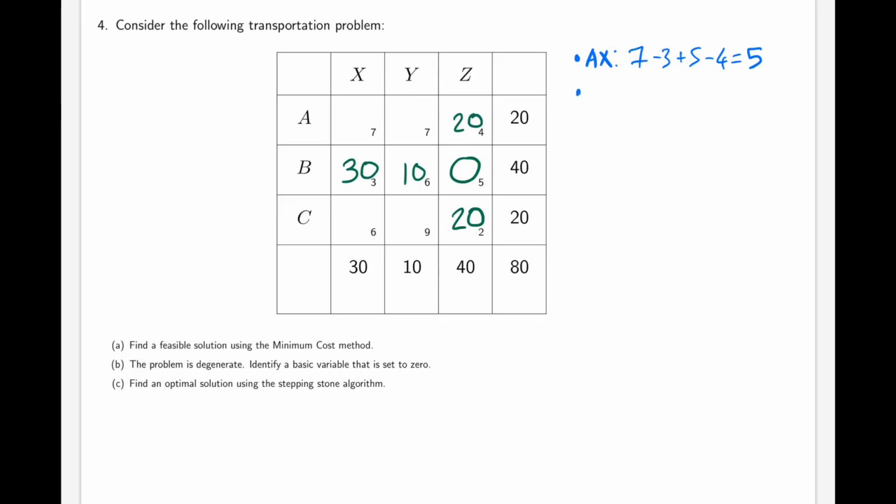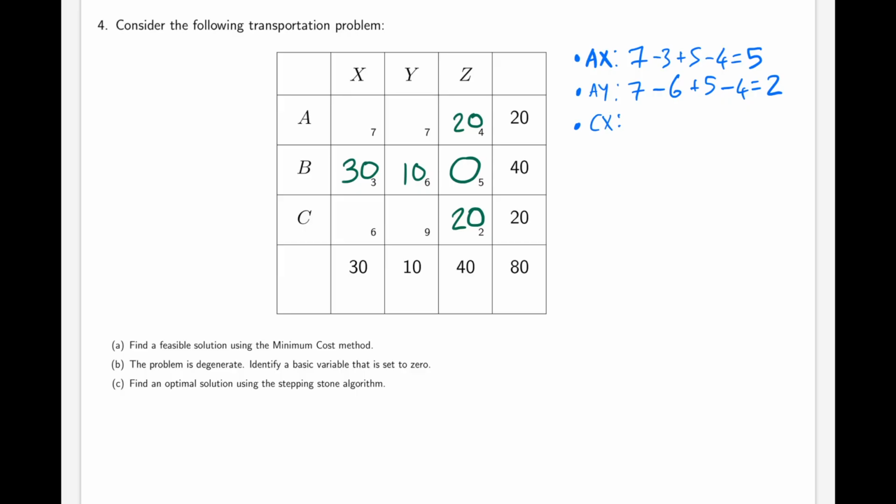Let's consider AY. The loop for AY will go like this. So we will increase AY, decrease BY, increase BZ, and decrease AZ. That will give us an overall net unit cost of 2. How about CX? The loop for CX will be this.